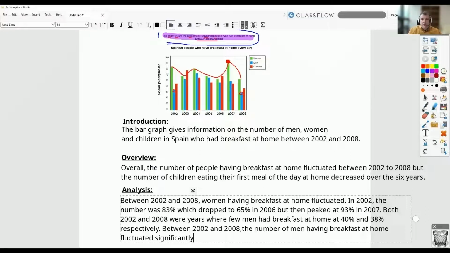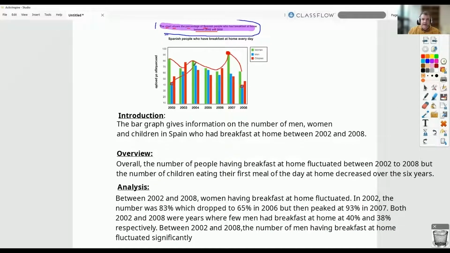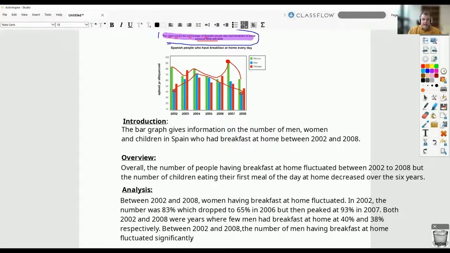Here we go, it's quite a big increase here, and quite a big drop here. So we can say significantly, peaking at how many? 72%, something like that, 72% in 2004. Okay, fine. So we describe the men.